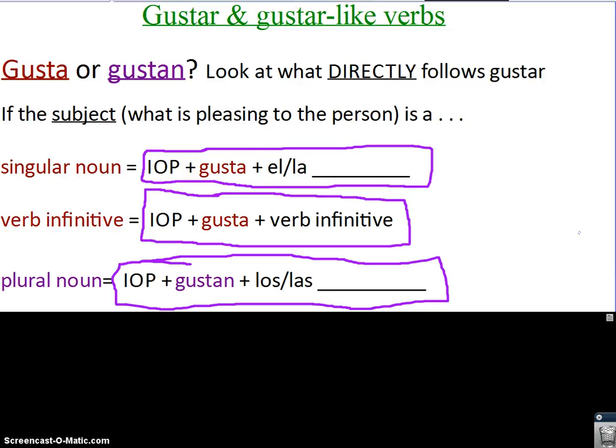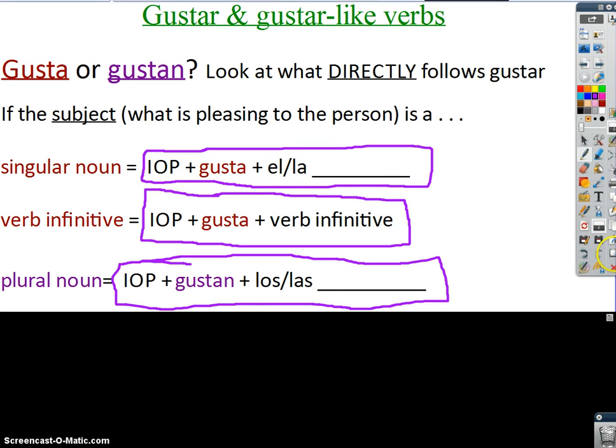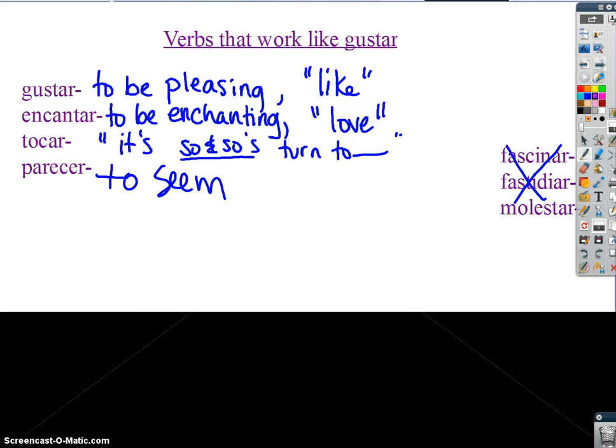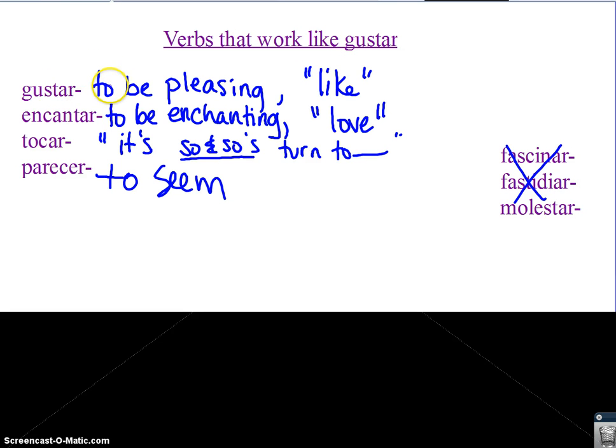I'm going to move on to the last thing that we're adding to our Gustar and Gustar-like verb notes. We are adding some verbs that work like Gustar that we should be aware of. We know that Gustar really means to be pleasing. We use it to say that it is what someone likes. Encantar, you guys probably learned last year, literally means to be enchanting to someone.